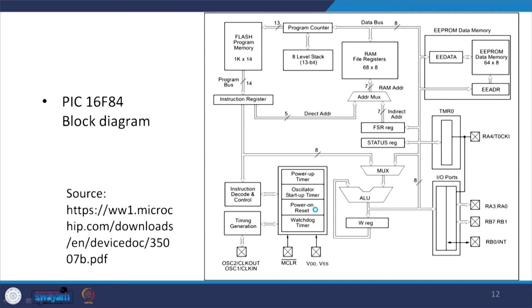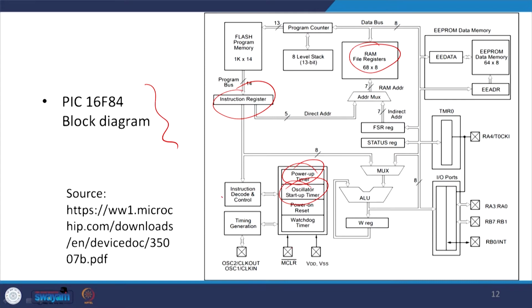So, this is the block diagram for the PIC16F84 microcontroller. Again here we could identify the different components of it. You have RAM, then the instruction register, power up timer, oscillator startup timer, all timers are there here.